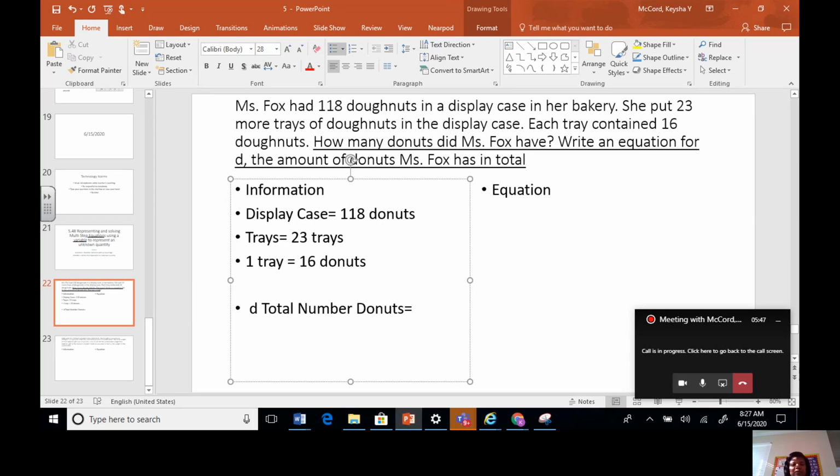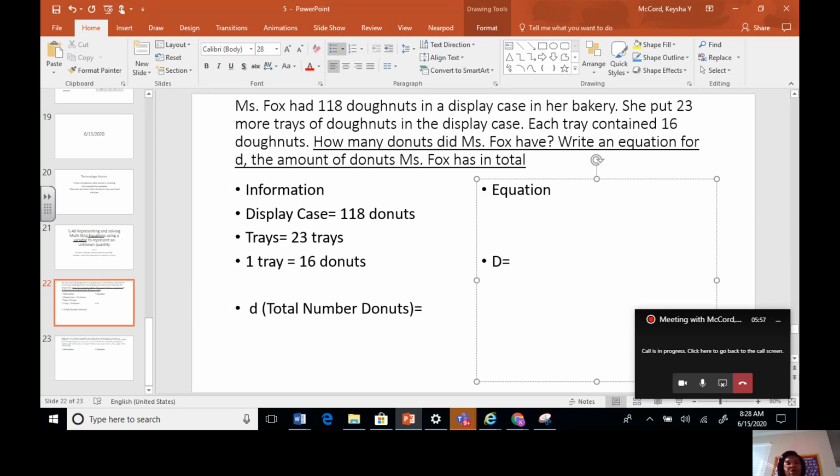Okay. So let's try to see if we can write an equation. So the first thing I know is my equation is going to start off with D equals. This won't always happen, but in this case, it's pretty straightforward. I'm looking for the total, so I'm solving for D.